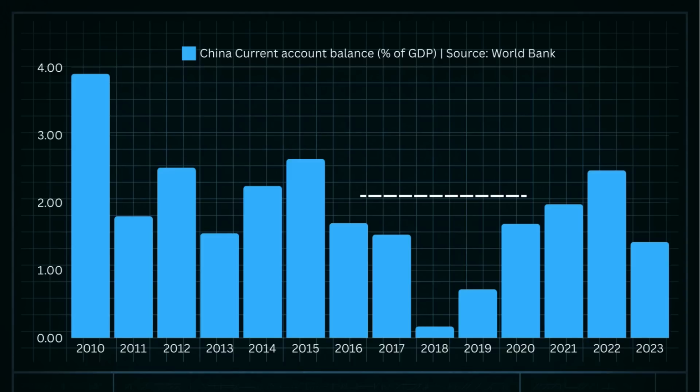In 2019, the year the US Treasury listed China as a currency manipulator, was the same year they had a current account balance to GDP of just 0.7%. In 2018, the current account balance was even at just 0.2%, which was nearly at a negative.